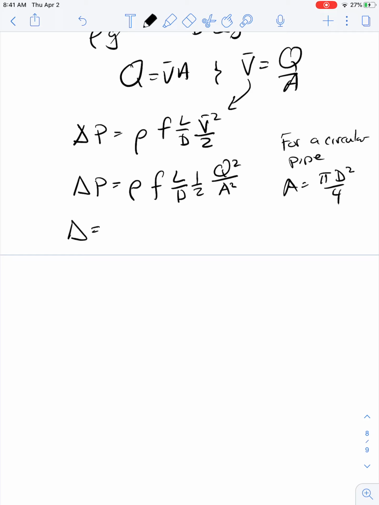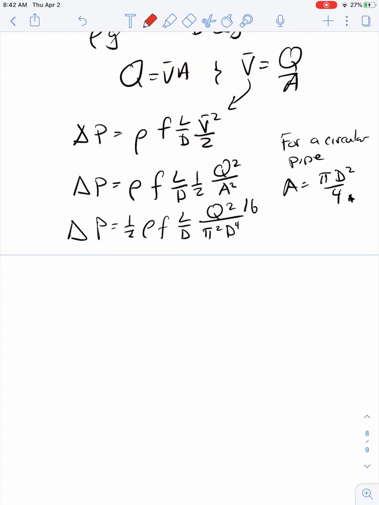So we'll have delta P equal to 1/2 rho f L over D Q squared, and now in the denominator we'll have pi squared d to the 4th, since we square this over here, and then we have a 4 squared in the numerator, so we can multiply that by 16.